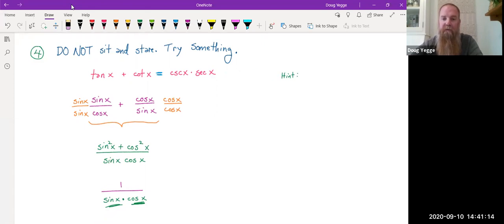The hint here is that cosecant x is the reciprocal of sine x, and that secant x is the reciprocal of cosine x.